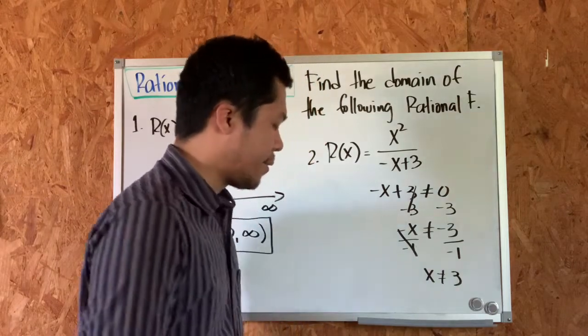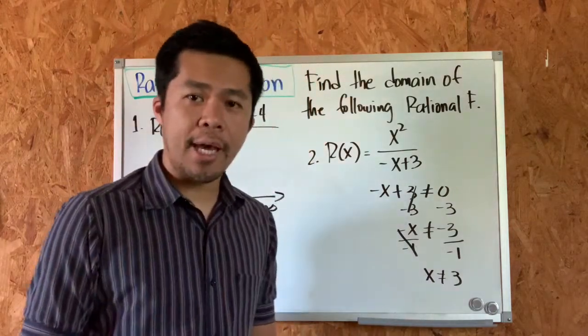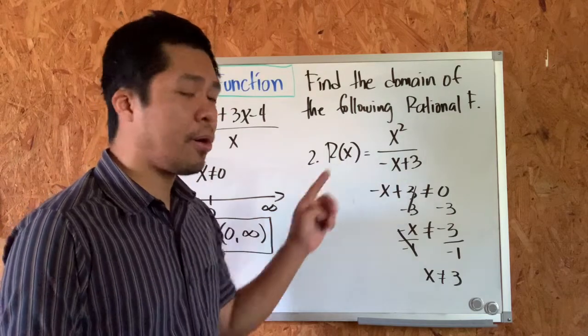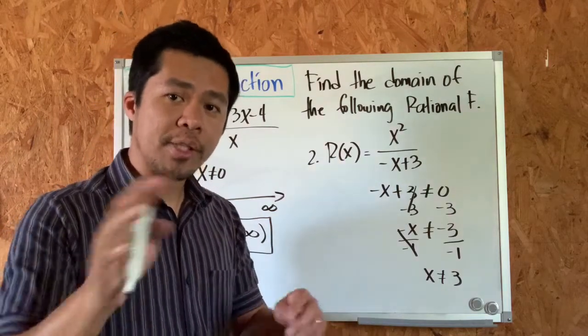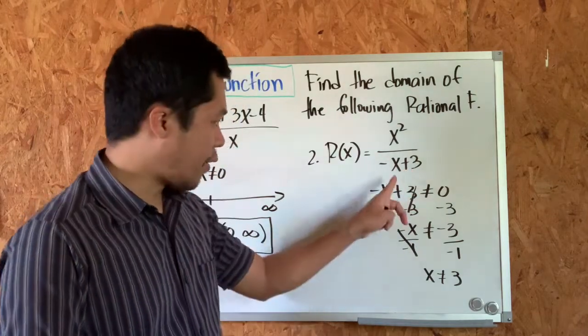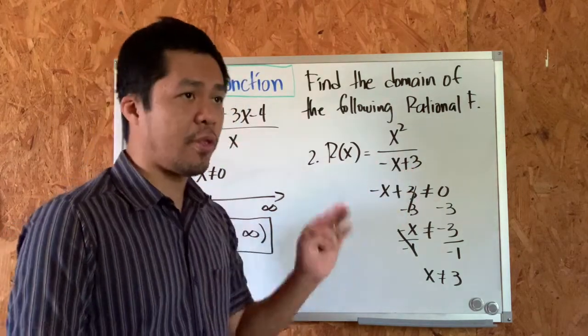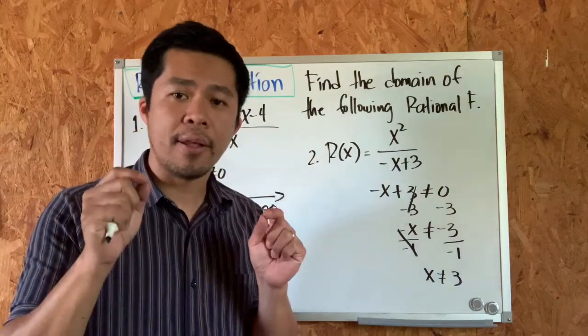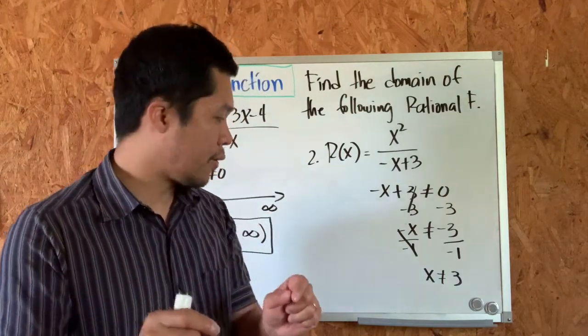What do I mean by that? Meaning all numbers except positive 3. Can I replace x here by 0? Yes, because it will make the whole denominator not equal to 0. If x is 0, 0 plus 3 is equal to 3. Our concern is the whole denominator, not the variable. Please take note of that.